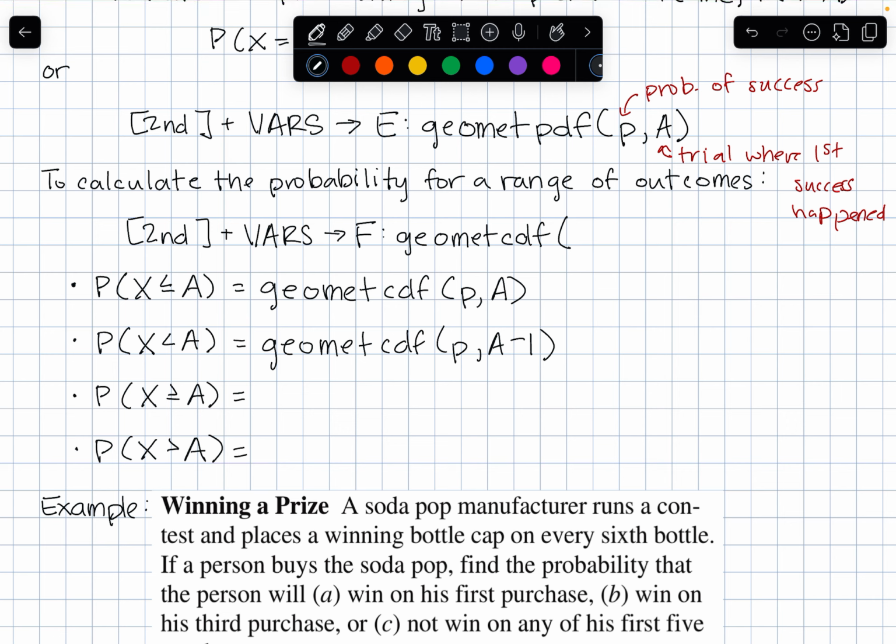I know that if my arrow or my inequality points to the right, I have to use the complement trick, 1 minus, because my calculator only goes to the left. And I know both of these are geomet CDF because they're ranges.